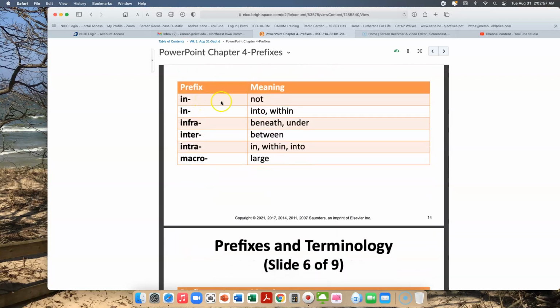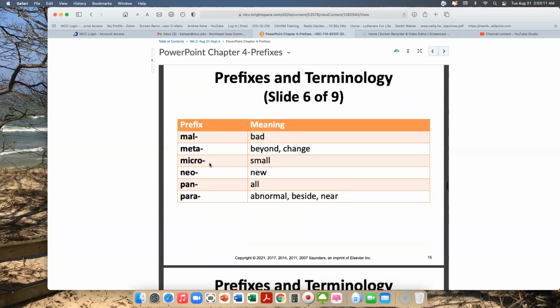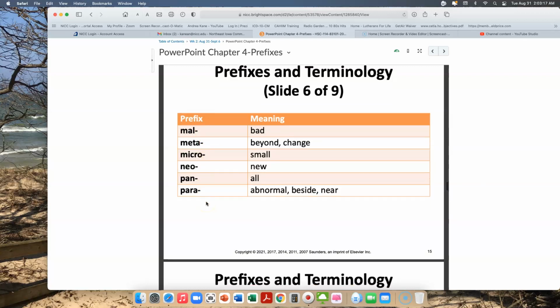In can mean not, into, or within, so watch out for that, because in can mean into or within versus not. Infra, inter, intra, macro. Mal, meta, micro, neo, pan, para.